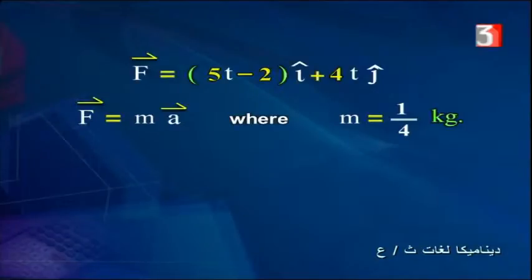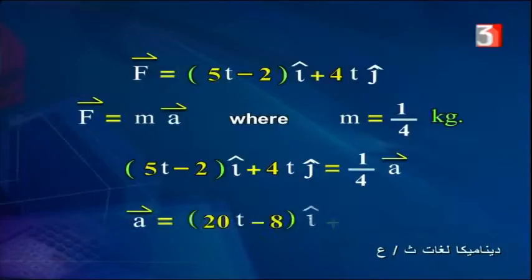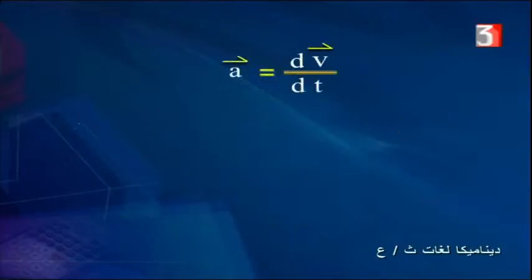Now, F, which equals (5t minus 2) multiply i vector plus 4t multiply j vector, equals mA or quarter vector A. Then the vector A equals (20t minus 8) in direction i plus 16t in direction j, after we multiply both sides by 4.